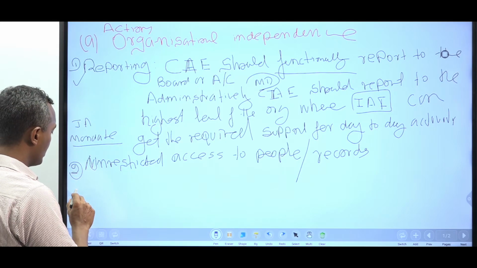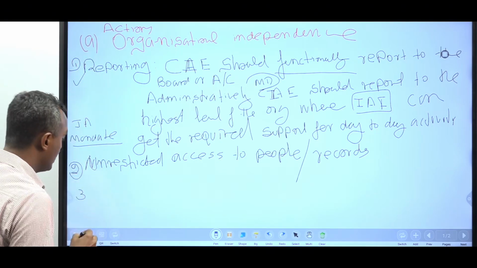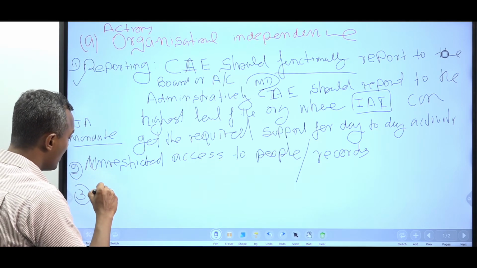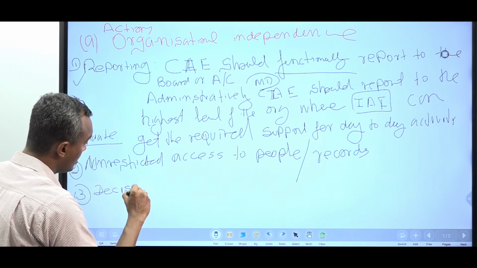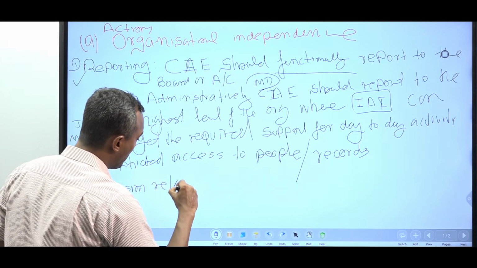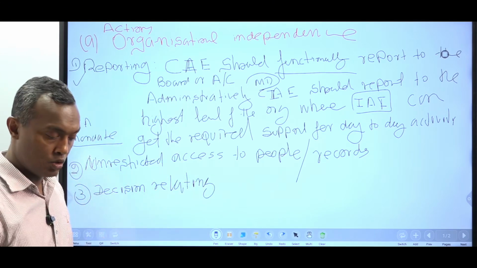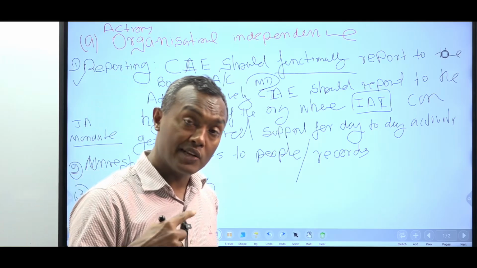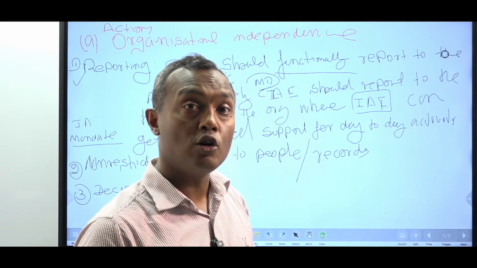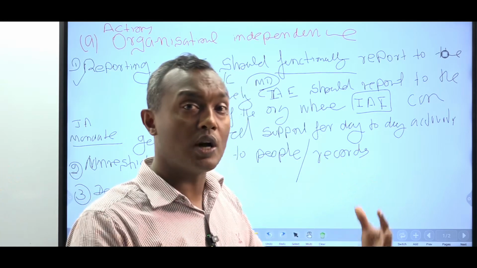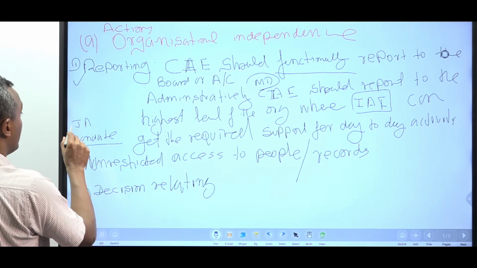Then the third point overall: decisions relating to especially the internal audit head, who can remove, who can appoint, who can decide the remuneration and performance, you should not allow management to do. Again, it should come under the board audit committee, under the internal auditor's mandate, right?